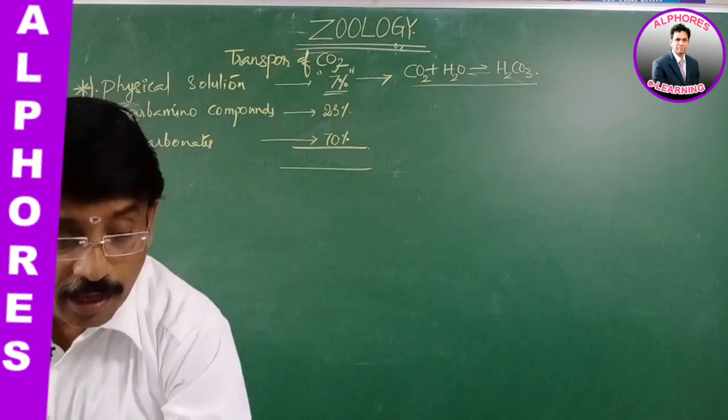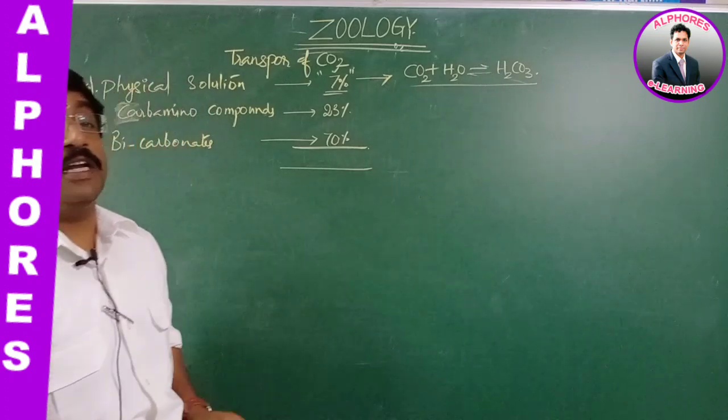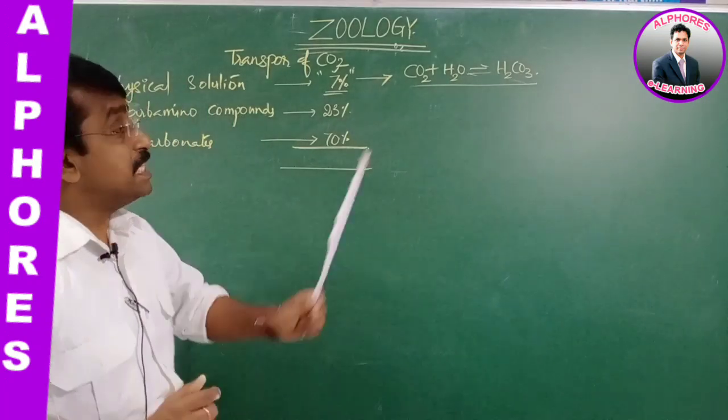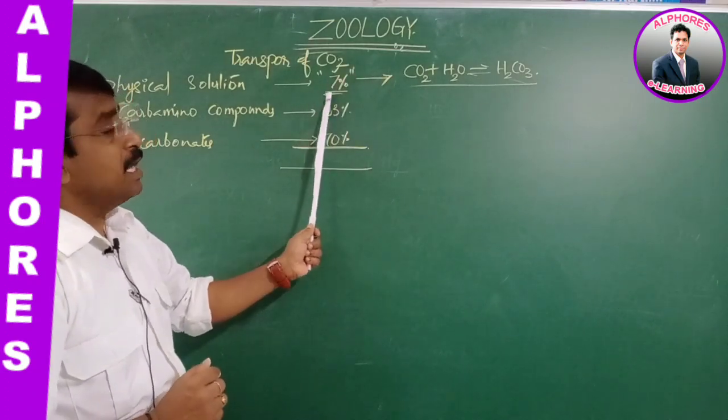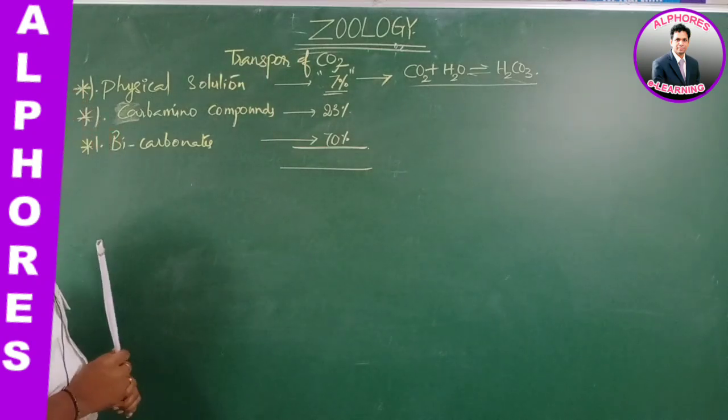H2CO3 is an acid, by which the acidic condition of the blood increases. This is the major reason why the least percentage of carbon dioxide is transported via physical solution.